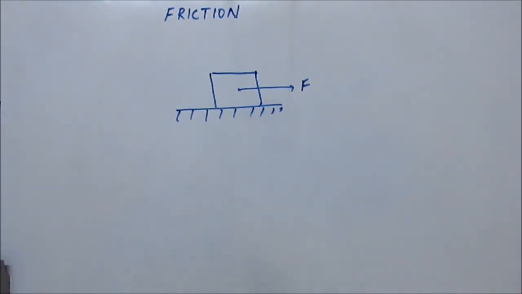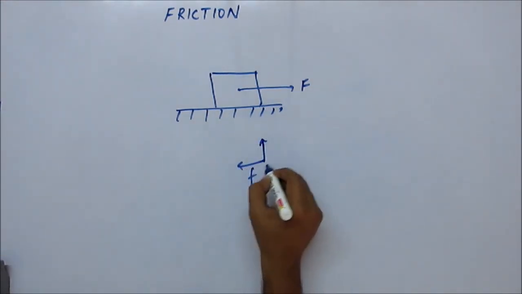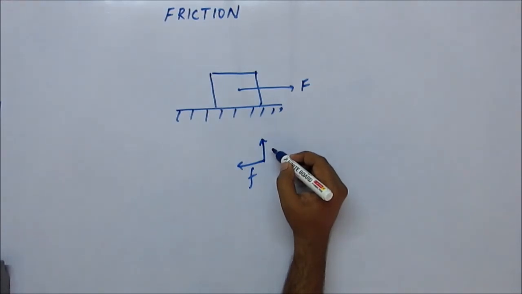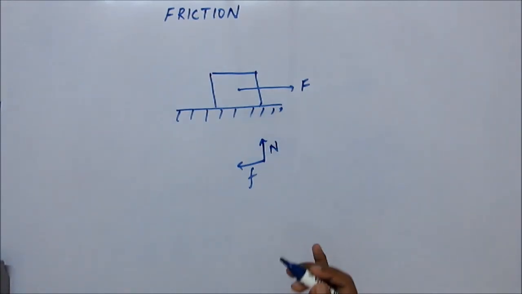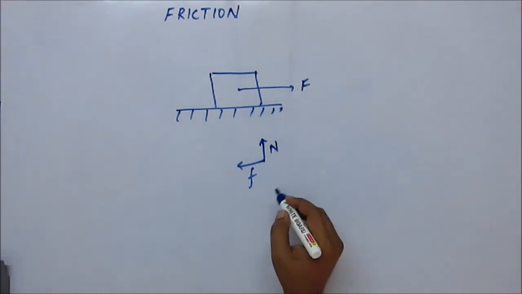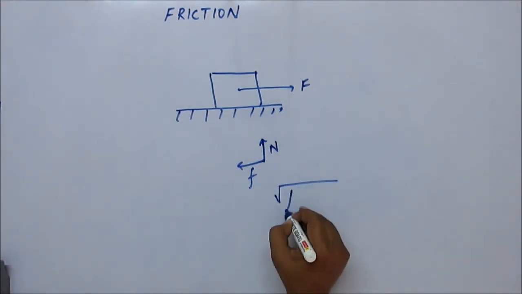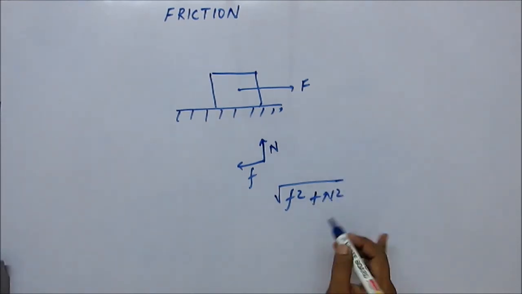Now the resultant of the contact force would be the resultant of normal reaction and friction. And this is not a simple arithmetic; the algebra will be vector. So this is not simply F plus N. You understand this by now. You have to do vector addition of F and N. And when you have two vectors perpendicular to each other, the resultant is root over F square plus N square in this case.